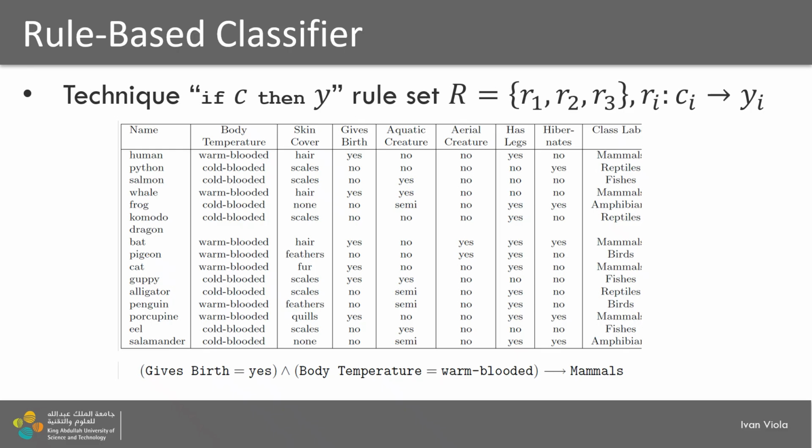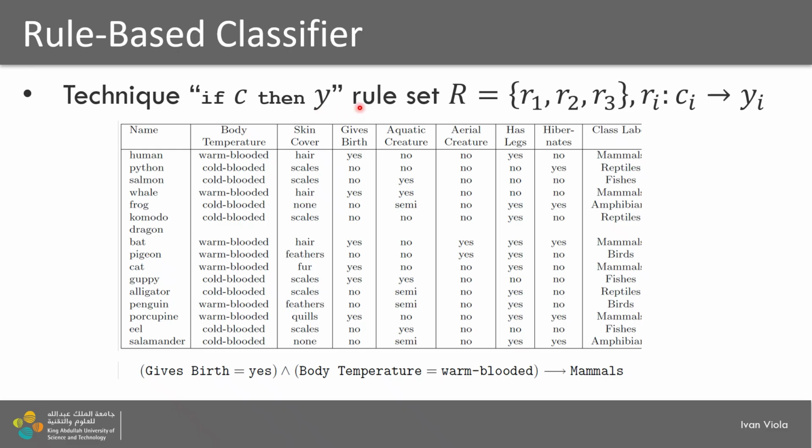It uses exclusively only a very compressed representation of rules, which will perform this classification task. So it is basically a technique which carries out a set of rules. If condition C is fulfilled, then Y, the object is classified with the class Y.